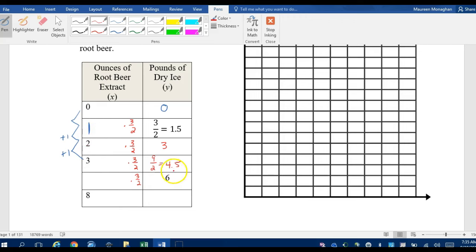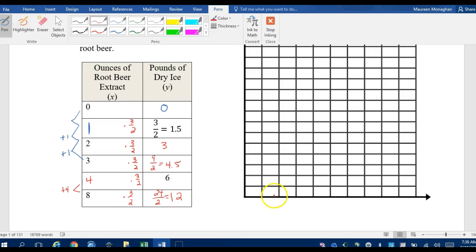It looks like this is going to be a 4. Oh, here's a big jump though. This is plus 4, so obviously it's not going to just continue with the pattern of adding 1.5. We're going to have to take 8 times 3/2, which would be 24 halves, or 12.